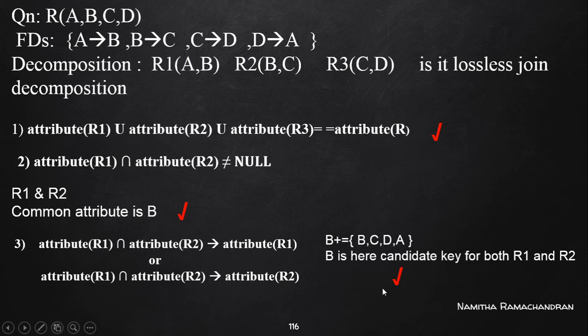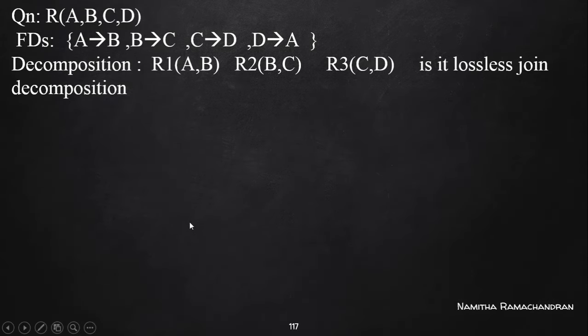But we can't stop here. Why? Because we have one more decomposition, R3, to consider along with R1 and R2. In the previous step it is clear that R1 and R2 together satisfy the condition for lossless join decomposition.